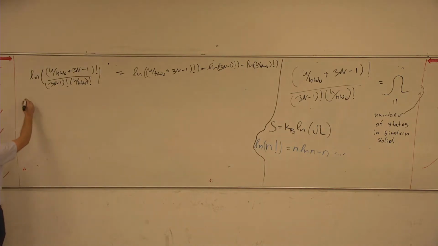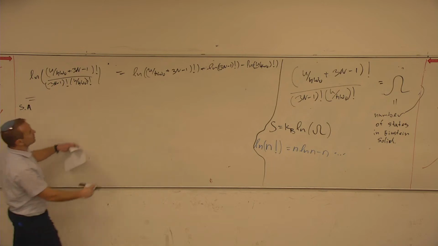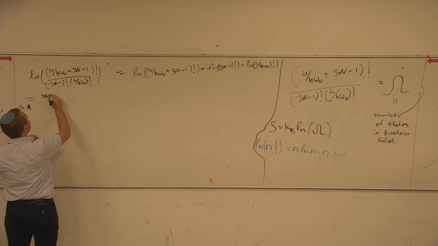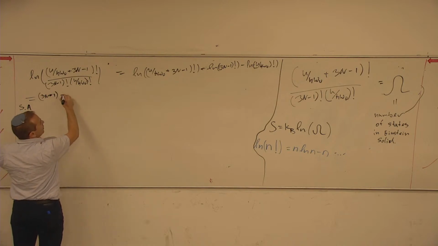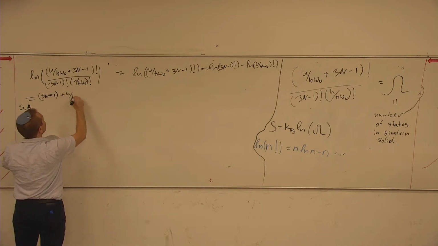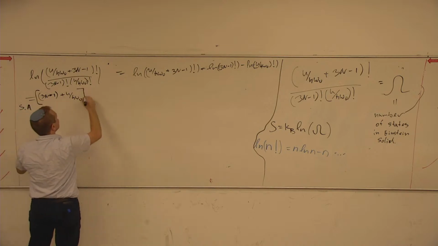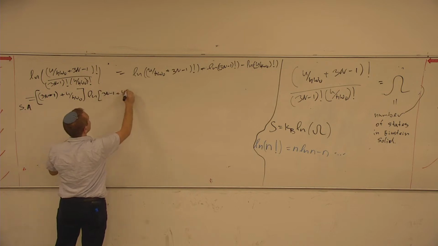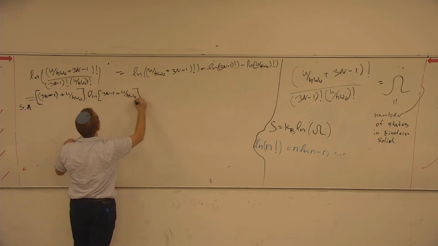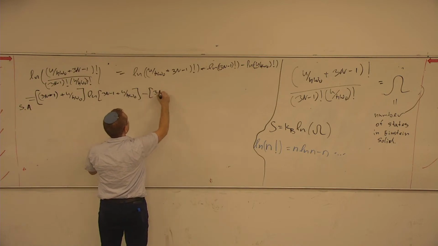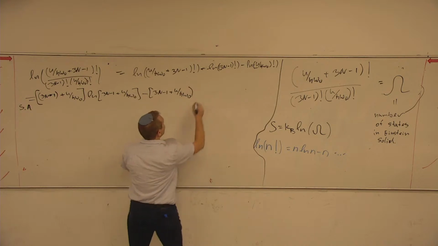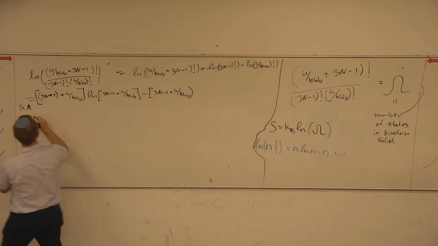Now we have this Stirling approximation. So we are going to have here (3n − 1 + u/ħω₀) multiplied by log of (3n − 1 + u/ħω₀), minus (3n − 1 + u/ħω₀).